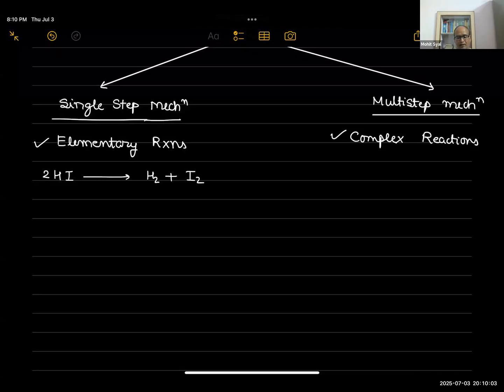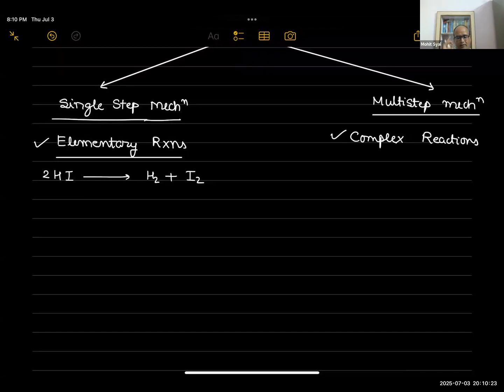If it is a single step, elementary reaction, it is necessary for all the reactant molecules mentioned in the equation to undergo collision simultaneously and form a product molecule in just one step.